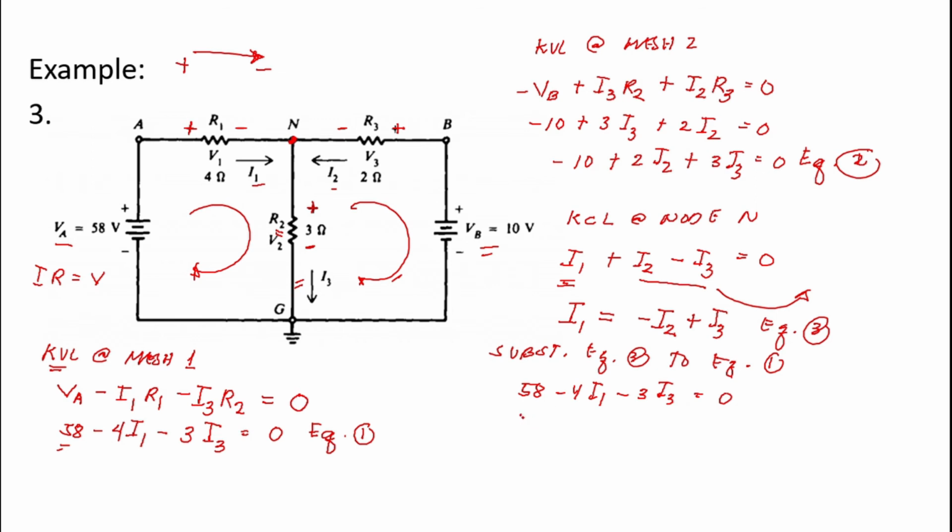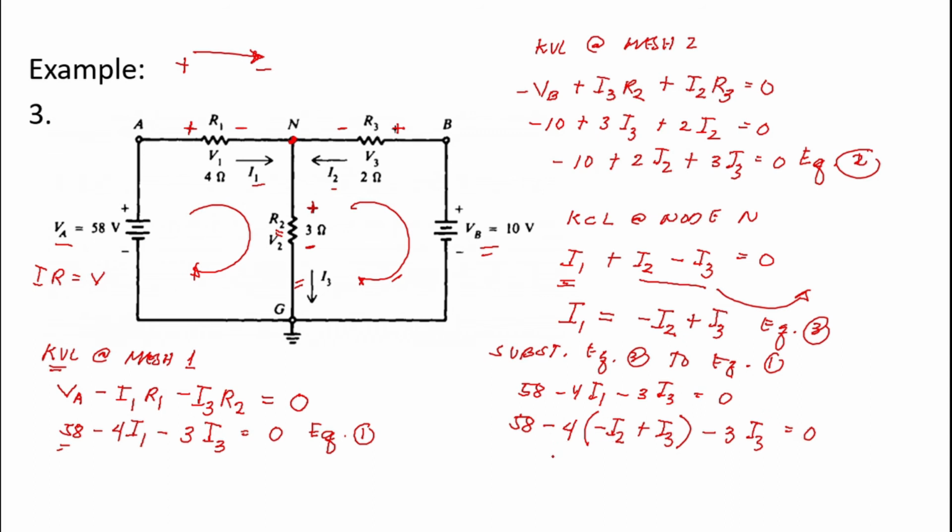Then, substitute itong equation na to. 58 minus. Ano yung I1 mo? Ito daw yun. Yung ginawa mong equation. So, 4, I1 is negative I2 plus I3. And then, ito, isulat mo. So, negative I3 is equals to 0.